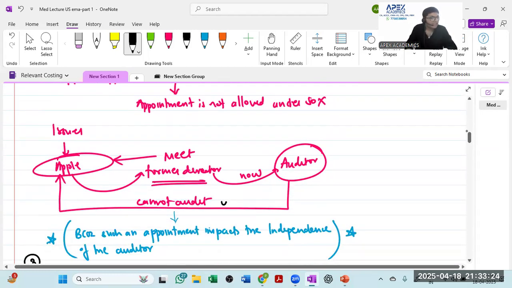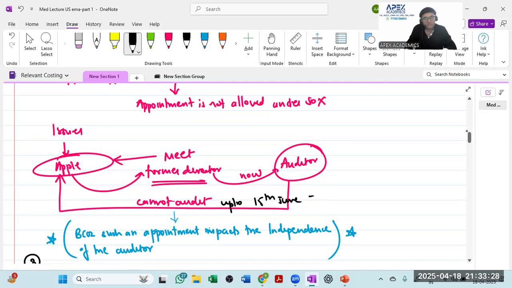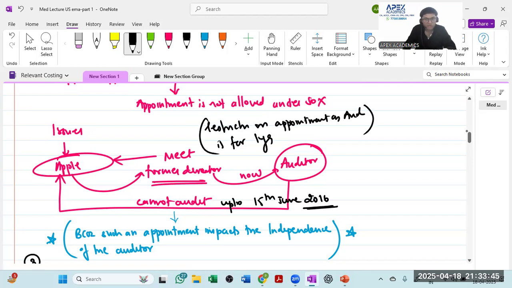Meet cannot audit up to 15th June 2016. The restriction on appointment as auditor is for 1 year.